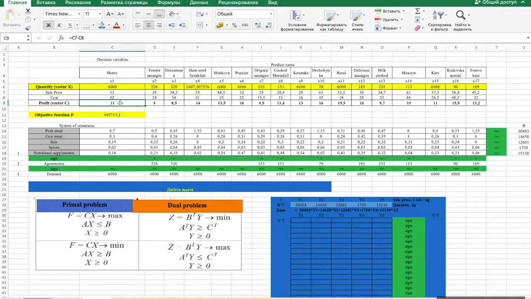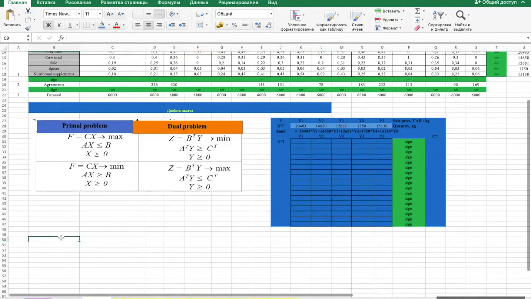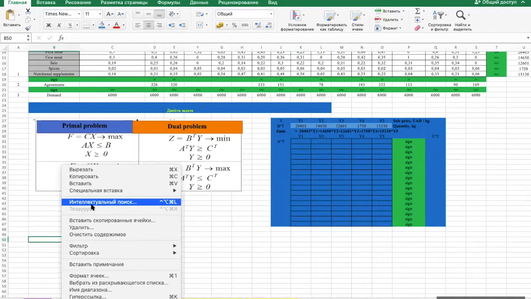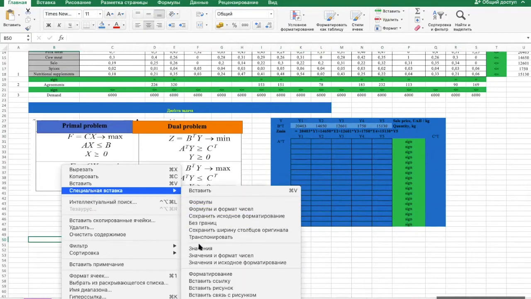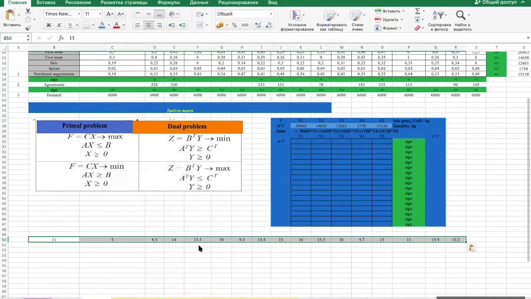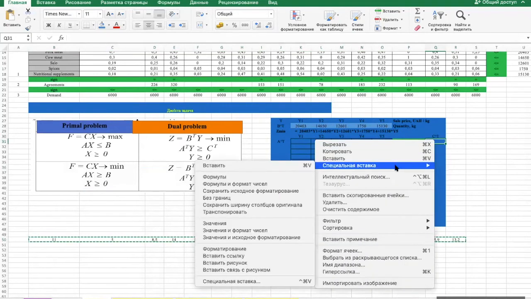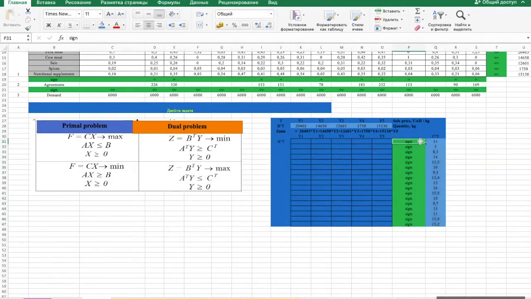So what we need to do is copy it, put it as values, and then transpose into this kind of column. Good. What kind of sign do we need to use? More or equal. Good.